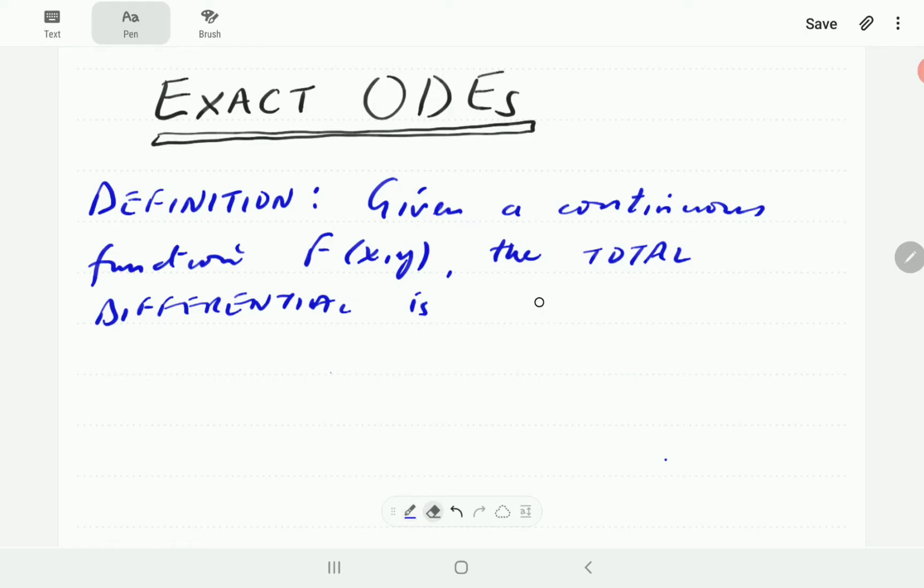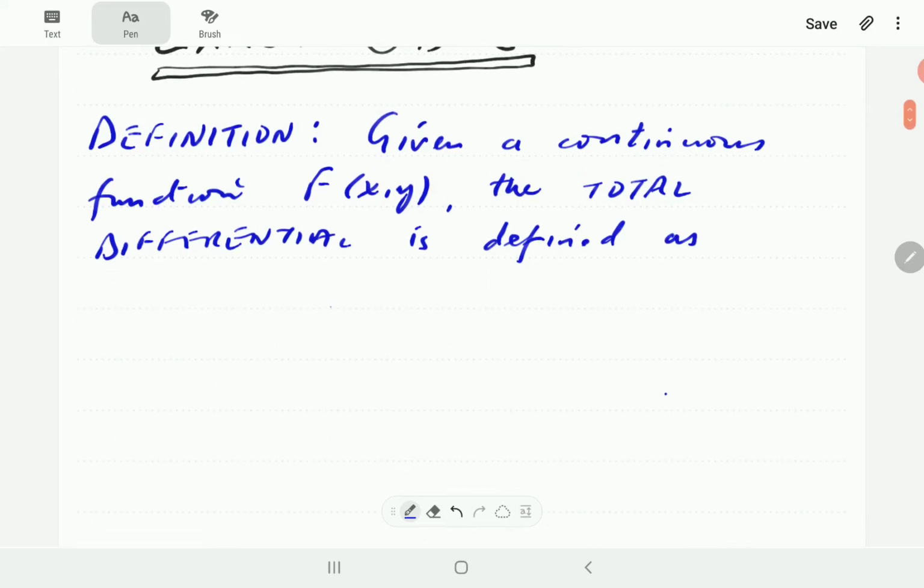The total differential of f is df, given by partial f partial x dx plus partial f partial y dy.